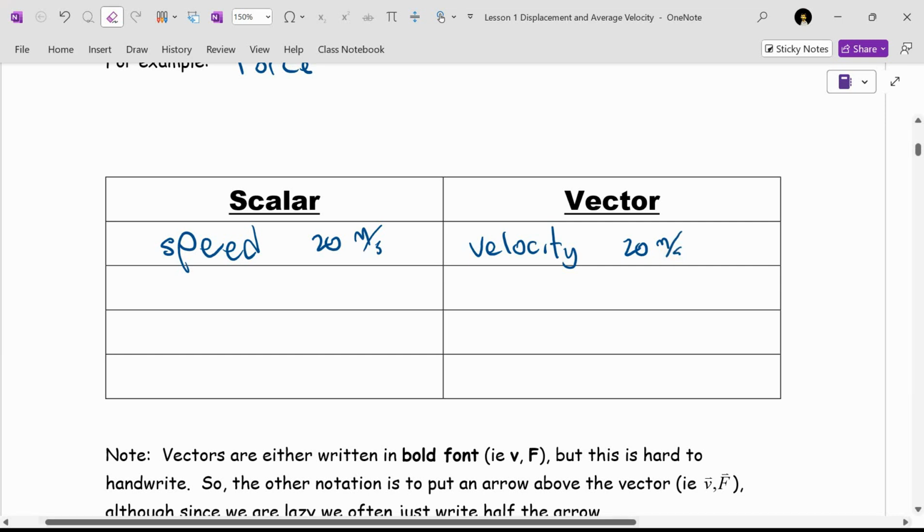That would be 20 meters per second at 30 degrees south of west. That's telling you the magnitude, 20, and the direction, 30 degrees south of west. What would that look like? You would go west. Which way is west for you guys? West is that way. And then you would go 30 degrees south of west.